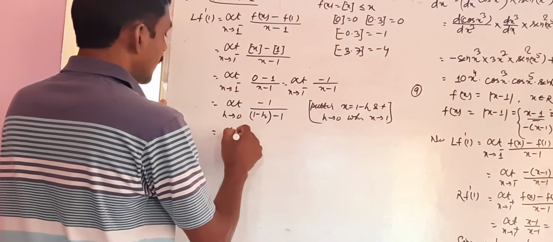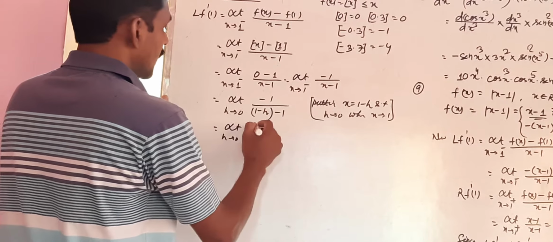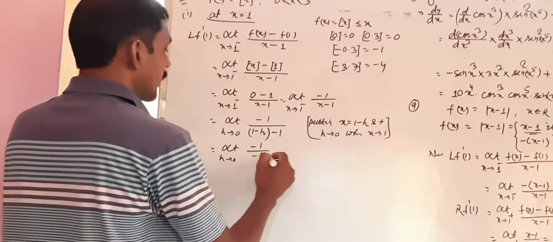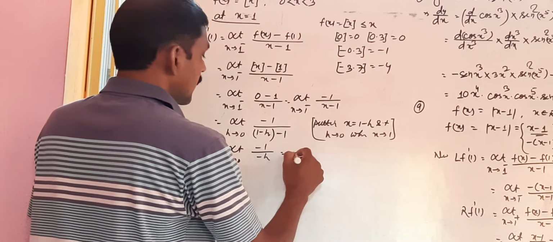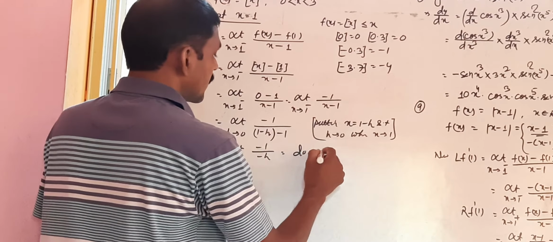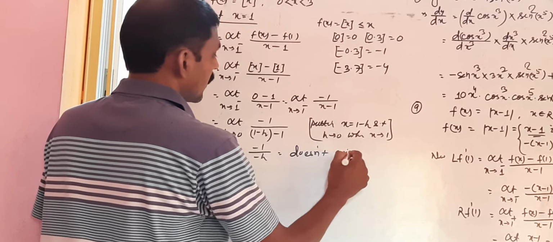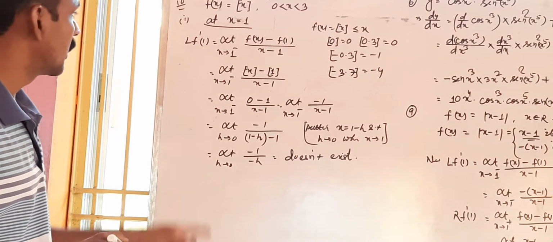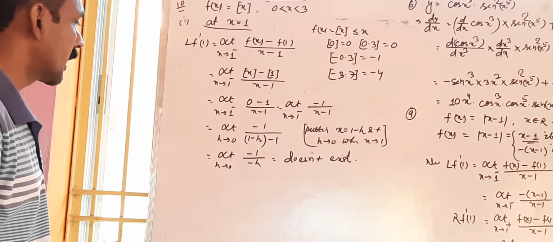So it is limit h tends to 0 of minus 1 by minus h. And what is the answer? It does not exist, because 1 by h tends to infinity. The left hand derivative does not exist.